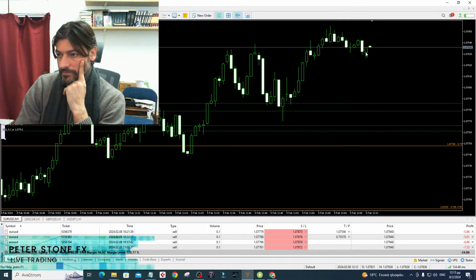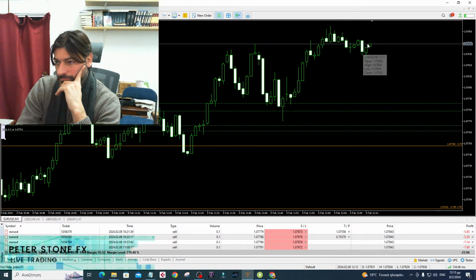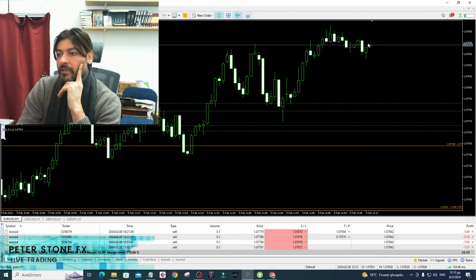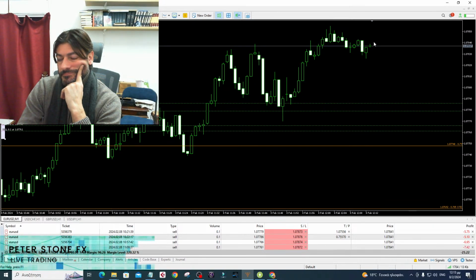I like this formation here. It shouldn't surpass this level. Price shouldn't surpass this level. Let's see, this is interesting.